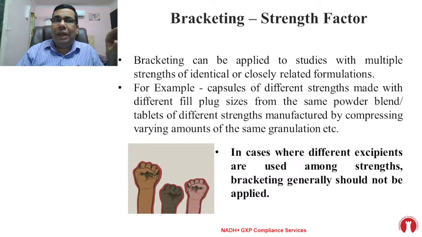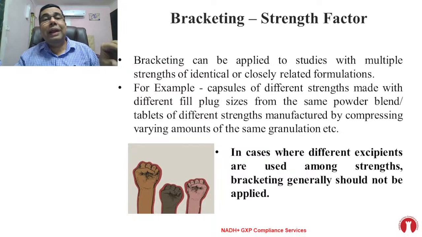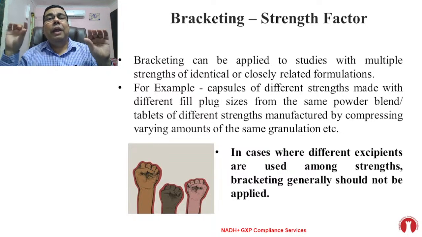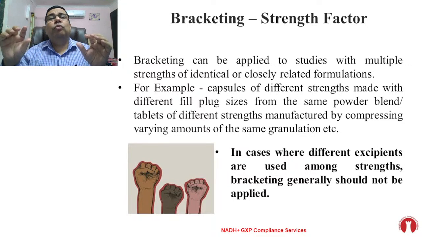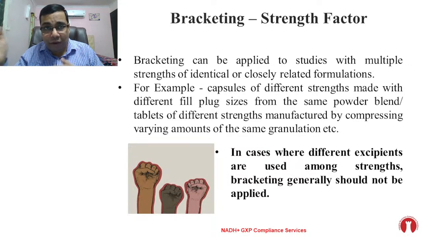If fewer granules are there, the dose will be small. If more granules are filled in larger capsule shells, then the dose will be high. That means the powder blend is the same, only the fill plug in the capsules will be different. In that case, we can use bracketing with respect to the strength factor.